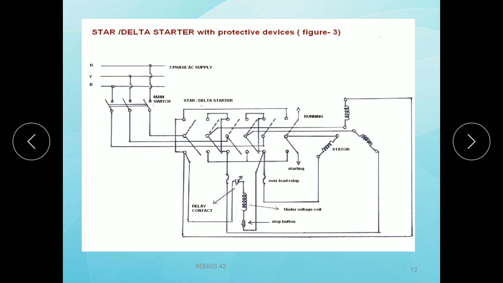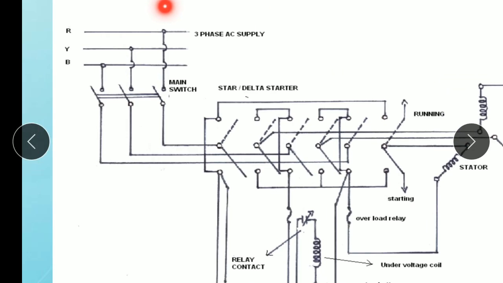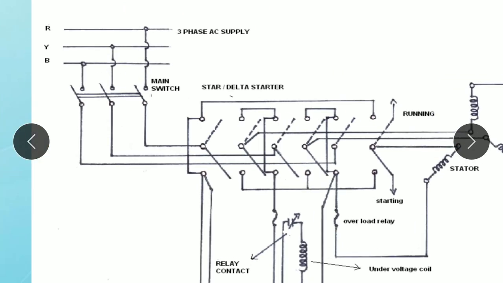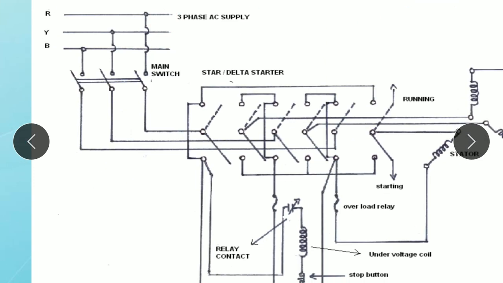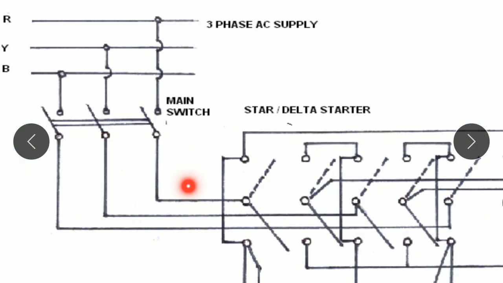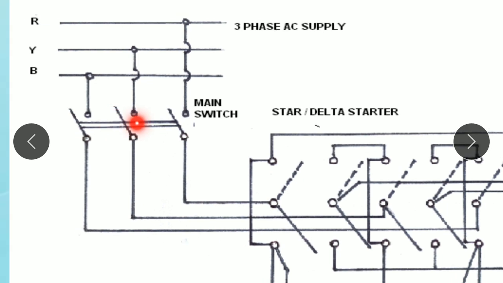Now star delta starters with protective devices, three phase. Here, observe this one. R Y B, this three phase supply, main switch.